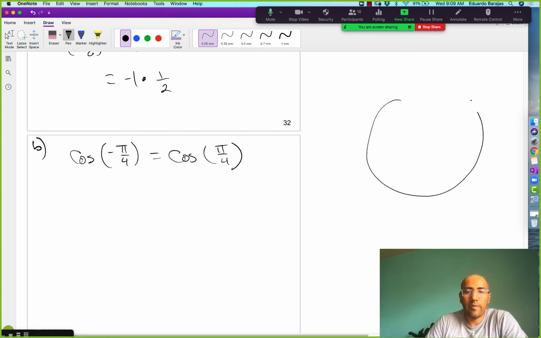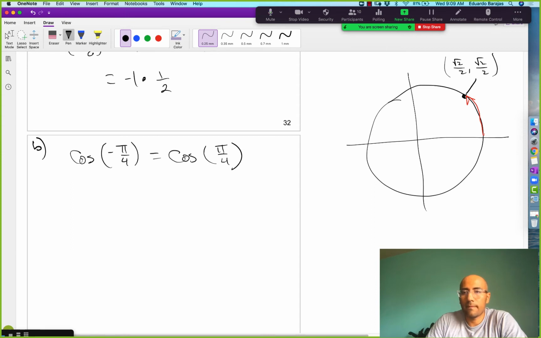And again, if we go back to our unit circle, the first quadrant, when t was equal to pi over 4, the terminal point associated with it is root 2 over 2, comma root 2 over 2. And so the x-coordinate is just the cosine of that value.